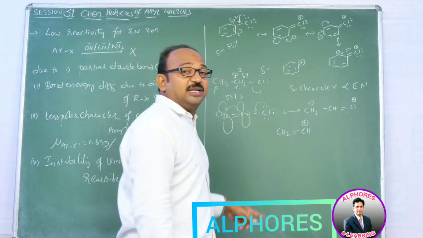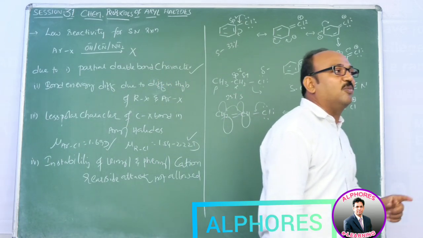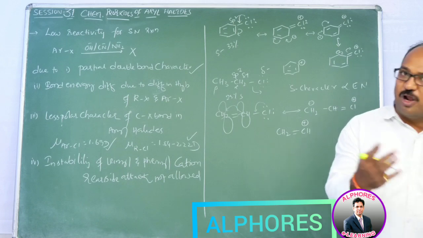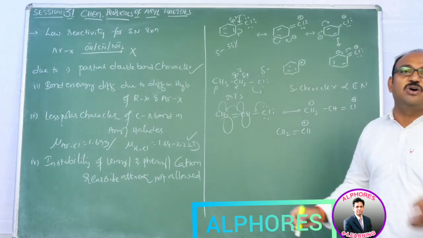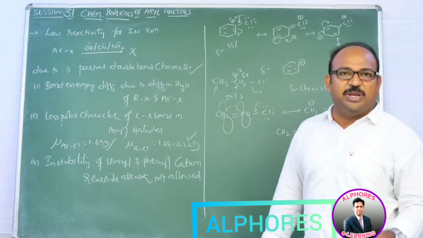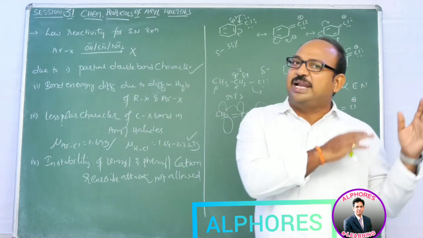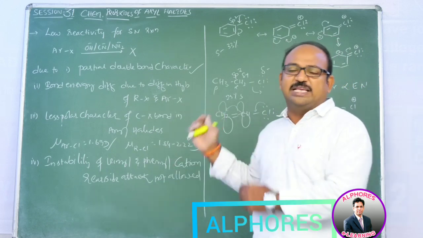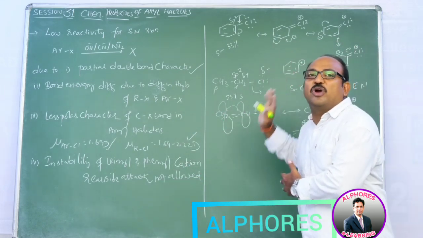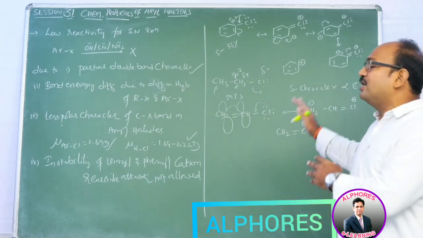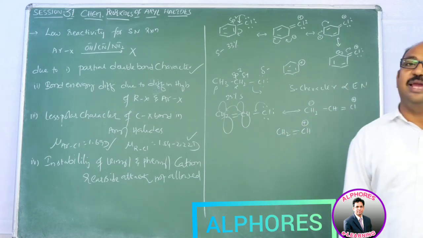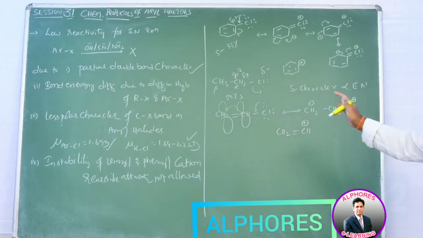That's why vinyl and phenyl carbocations do not exist, meaning formation is highly difficult, and moreover rear side attack is completely restricted. For SN2, rear side attack is not possible; for SN1, carbocation formation is not possible. Hence, for this reason, we are not supposed to consider SN reactions in aryl halides.